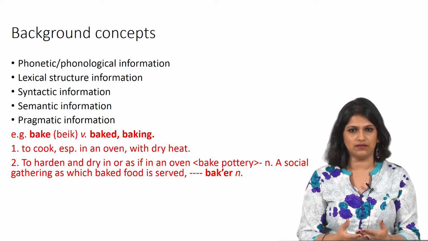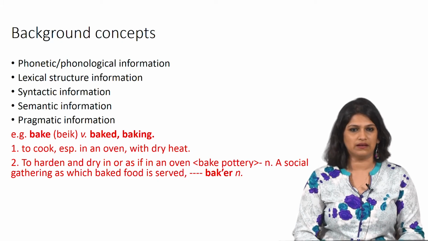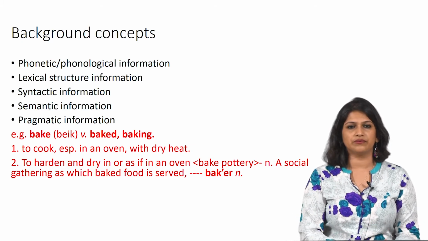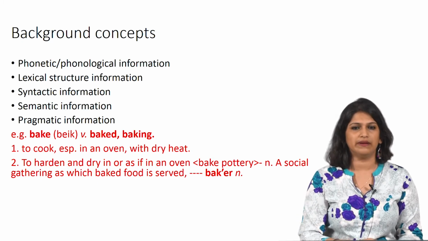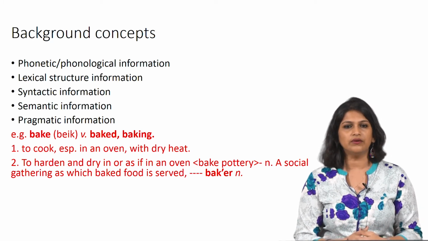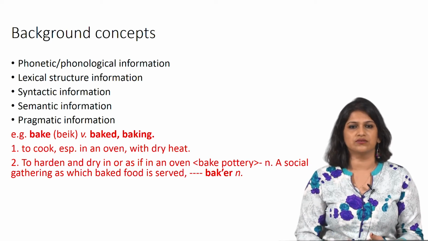Let's say we looked for a word called bake. When you try to find the related information of bake in a dictionary or a thesaurus or anywhere, you're going to encounter information related to different levels.